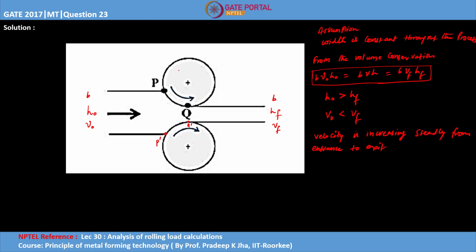Now we know that the rolls are also rolling with some velocity, let's say v. So both the rolls are rolling with the velocity v. There will be a moment, let's say somewhere here, where the surface velocity of the roll will be equal to the velocity of the slab or sheet which is passing. At that point, the velocity of both roll and slab will be equal, and that point is known as the neutral point.